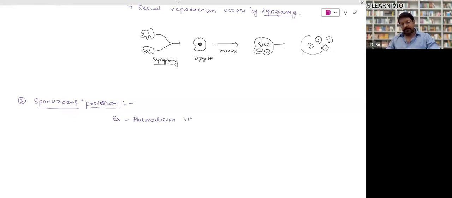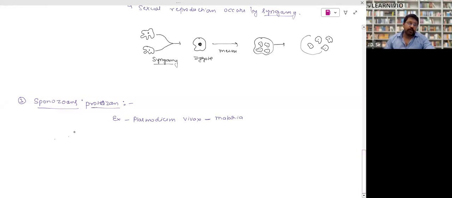What does it cause? It causes a disease. Which disease? It is responsible for malaria, right? So Plasmodium vivax causes malaria, and it is in the category of sporozoan protozoa, right?